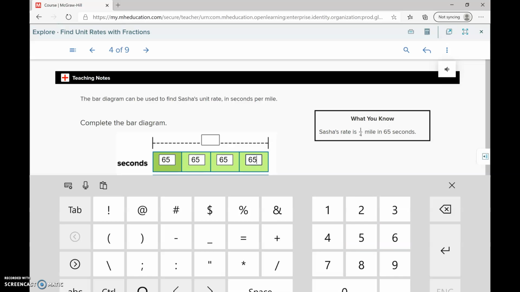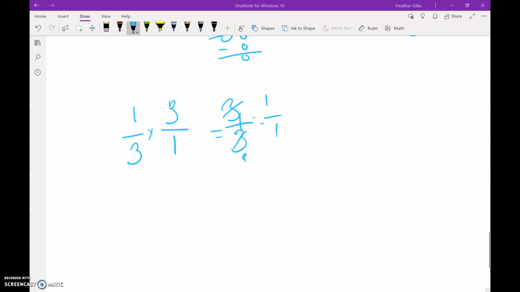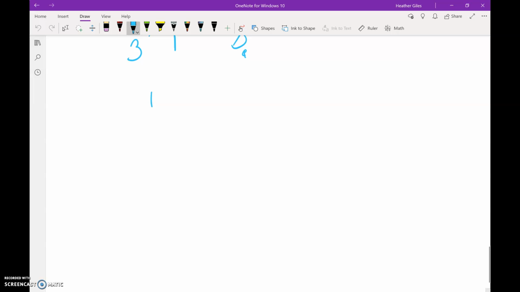Now I have to figure out what they are all together. So if we start with 65 for quarter 1, 65 for quarter 2, 65 for quarter 3, and 65 for the last quarter of the mile, and add them all up: 5, 10, 15, 20.